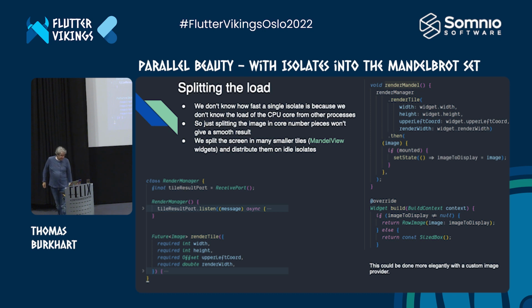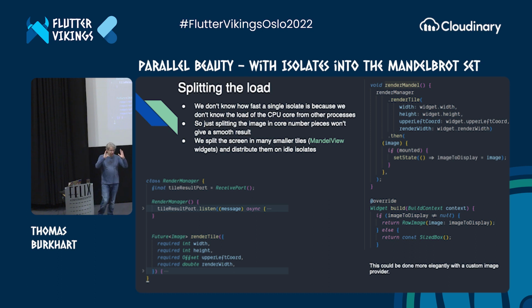This has a renderTile function that returns a future of an image. What the main widget does is, for every tile, it calls this renderTile function with the coordinates, and renderTile returns the future.